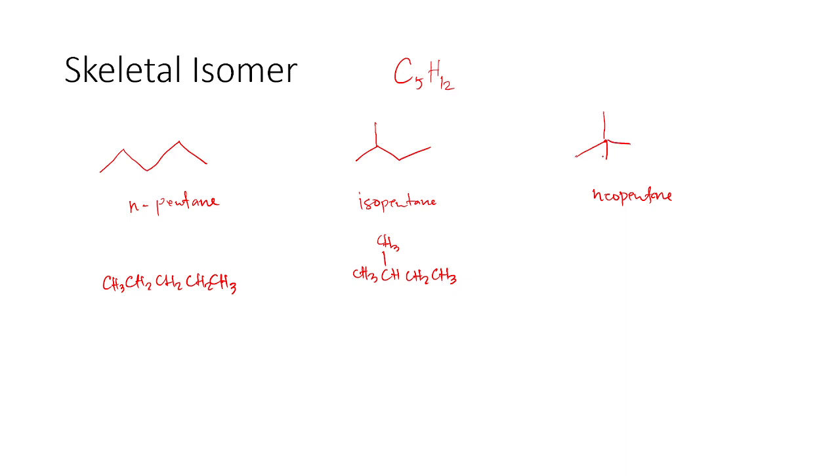So we have here 1, 2, 3, 4, 5. Okay? So basically that would look like this. So we have here C, and four CH3 groups. So that is our neopentane, or our 2,2-dimethyl propane. Sulat nga natin yan.